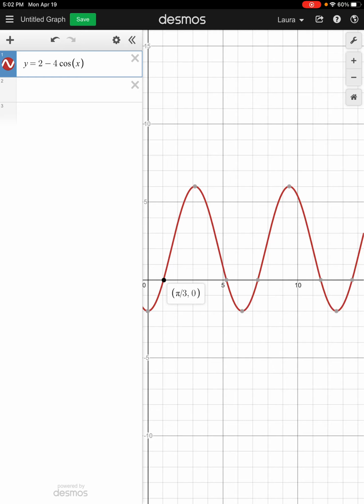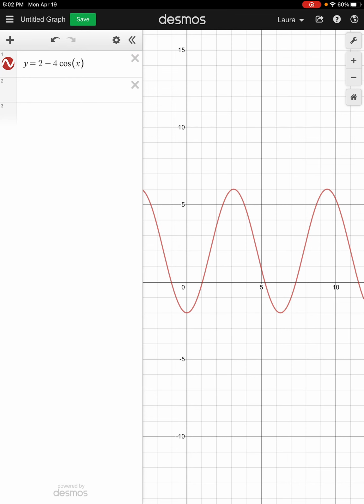So we're talking about all of these being positive x values, right? And I do see that from 0 to pi over 3 I have negative y values but positive x values. I also could go from negative pi over 3 to positive pi over 3.